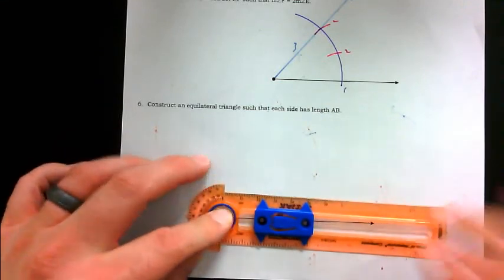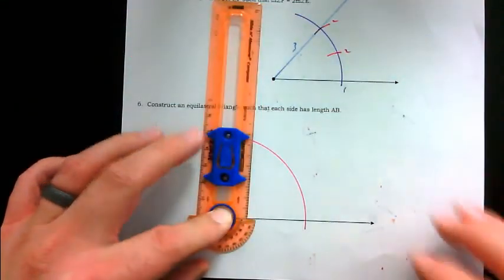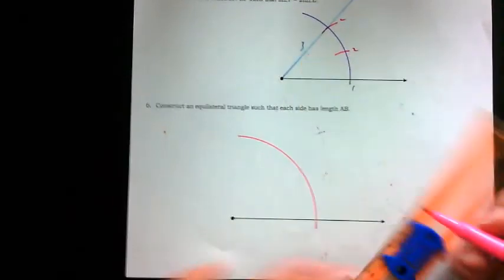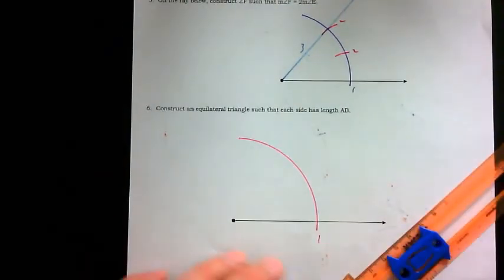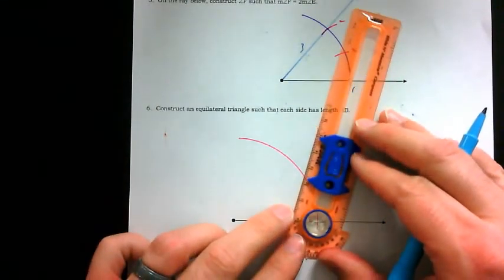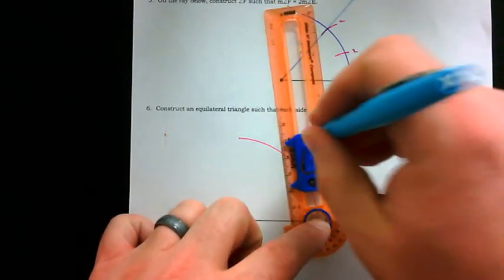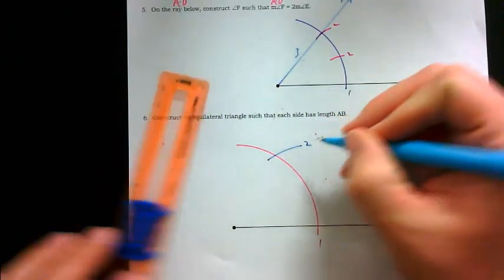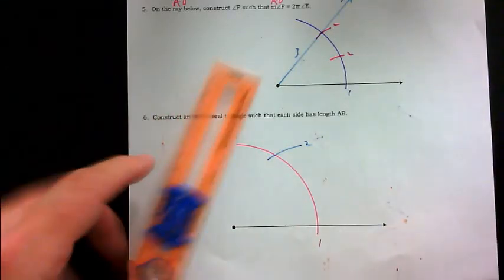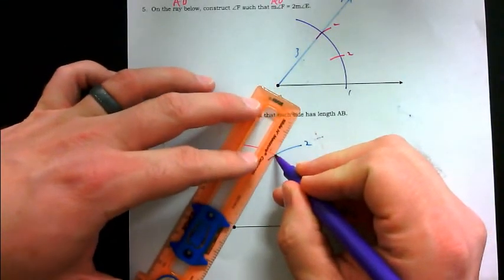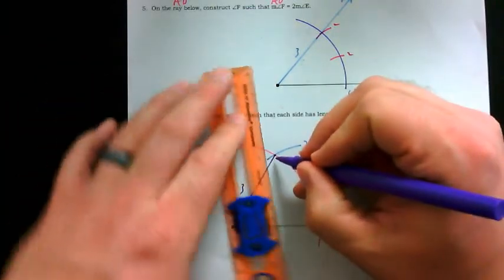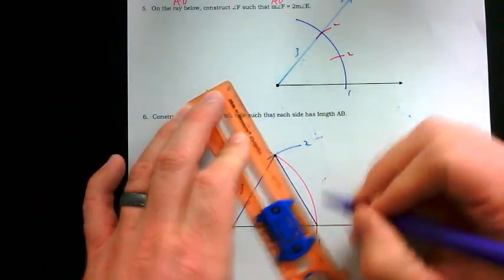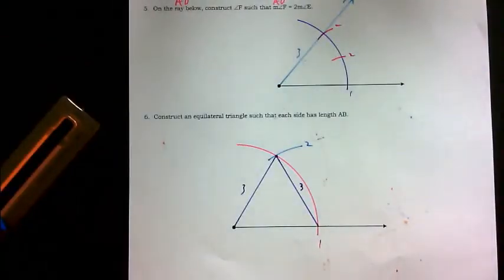So that looked too small. So, swing an arc. Once you have that arc, then we go same size. Swing another arc. Didn't change your setting. They have an intersection. Connect them. That's it.